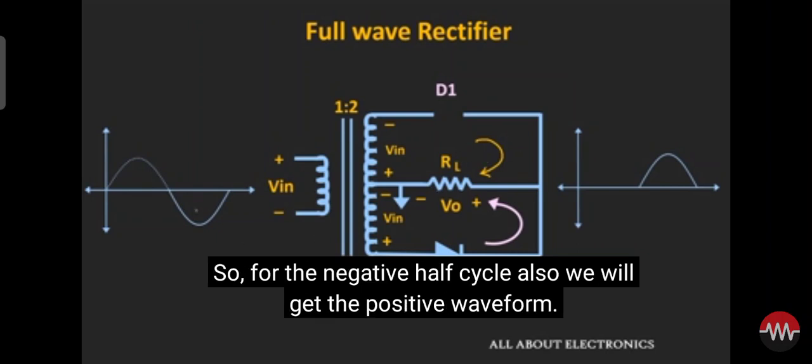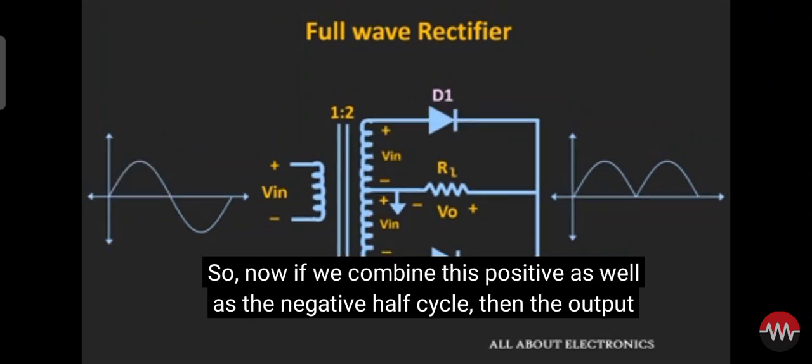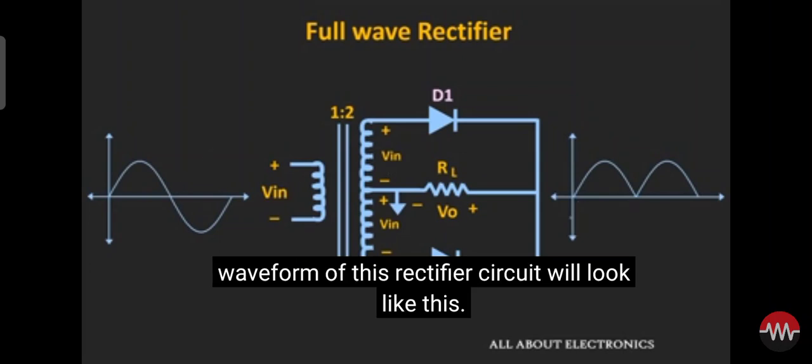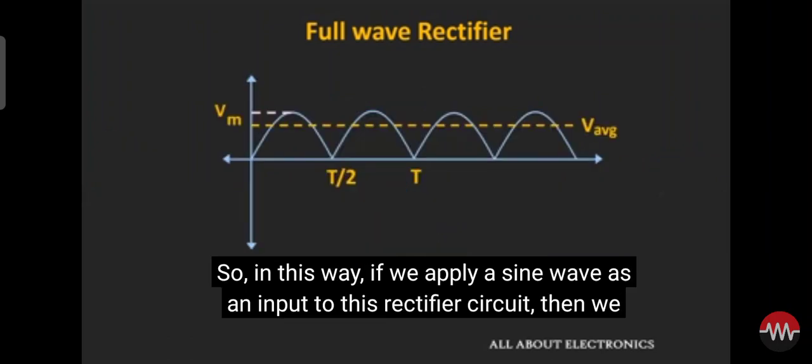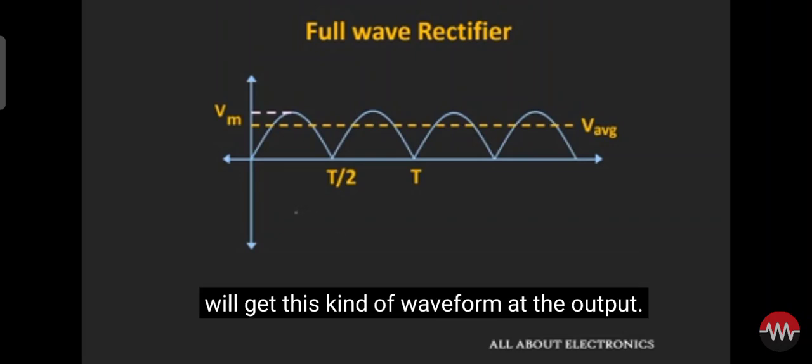So for the negative half cycle also, we will get the positive waveform. Now if we combine the positive as well as the negative half cycle, then the output waveform of this rectifier circuit will look like this. In this way, if we apply a sine wave as an input to this rectifier circuit, then we will get this kind of waveform at the output.